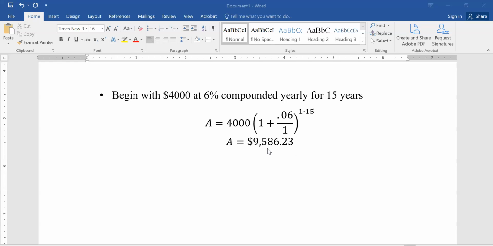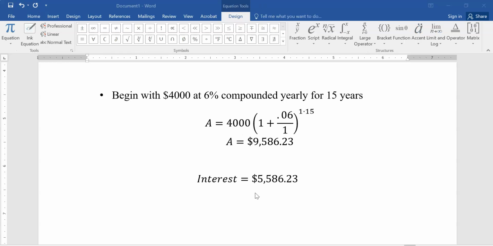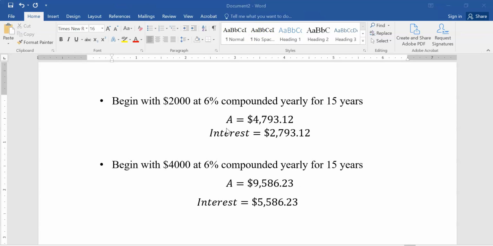Again, that's the final amount you have if you invest $4,000 at 6% interest compounded yearly for 15 years. And in terms of interest accumulated, we can take our final amount and subtract our present value. Interest is how much money I've gained, remember? So final amount minus present value, that comes out to $5,586.23.